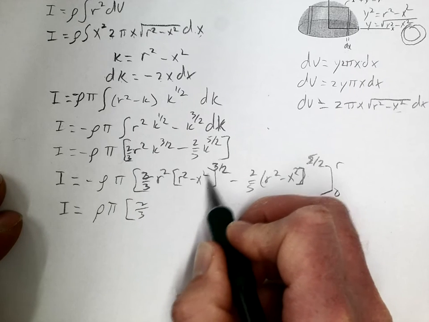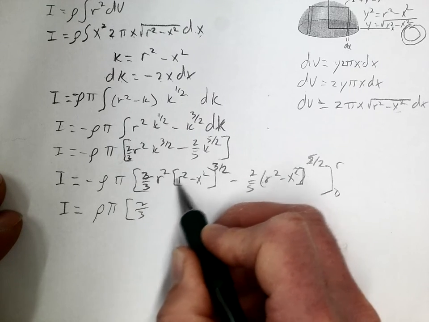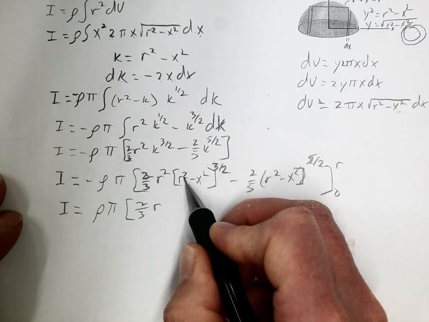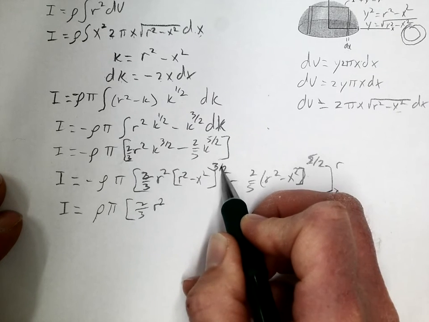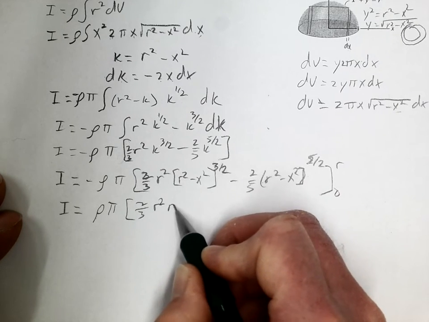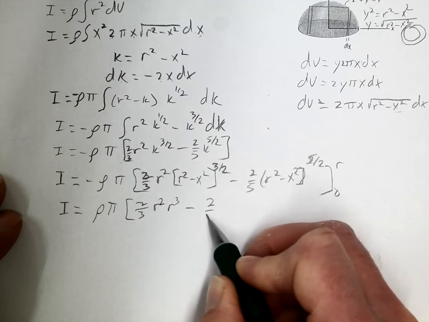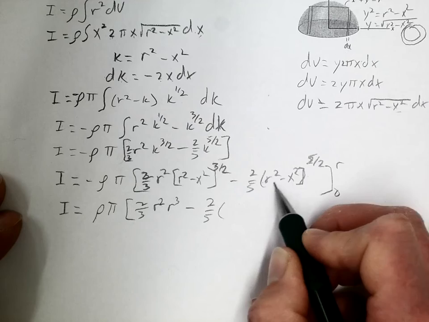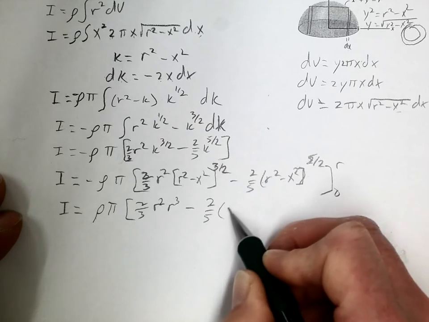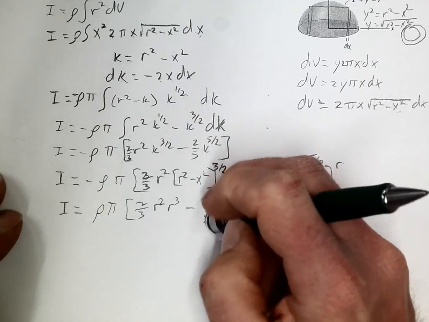So rho pi, 2/3, if we put in a 0 here, now we have r squared to the 3/2 becomes r to the 3rd, minus 2/5, that becomes r to the 5th.